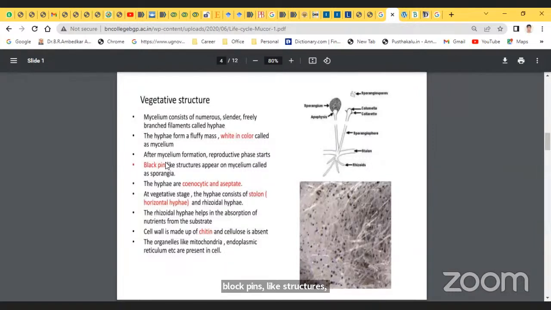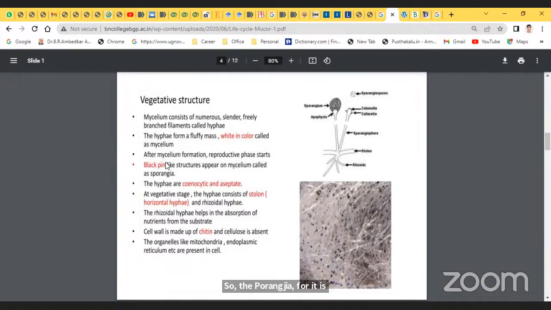Some of the hyphae grow or develop in an upright, straight condition. That is what we call the sporangiophore. The sporangiophore consists of the sporangium. The hyphae are coenocytic and aseptate.